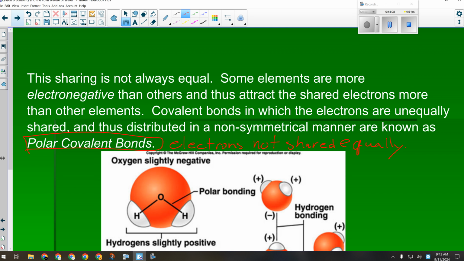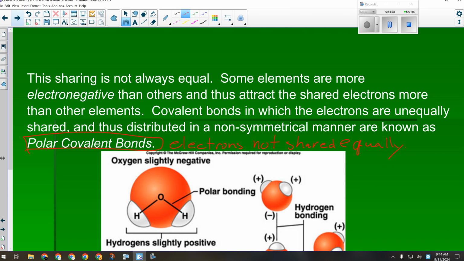On a unit exam or a quiz, if I was asking you about water, one of the things I would look for there would be the words polar covalent bond or polar molecule. If you're a polar molecule, it is because electrons are not shared equally. That's what creates a polar covalent bond, and that would be part of your answer for sure.